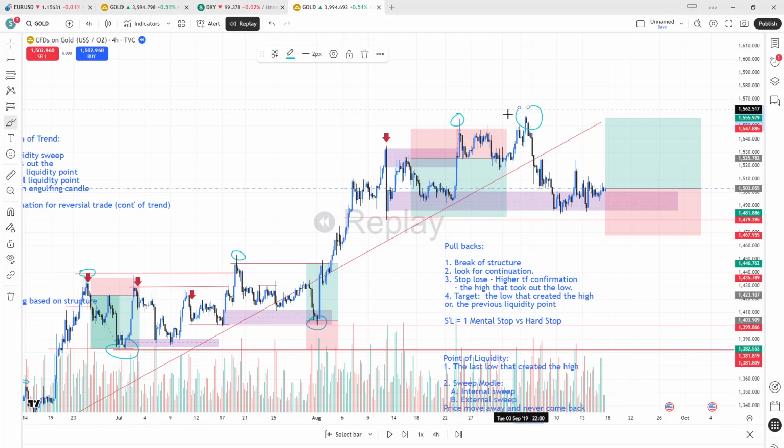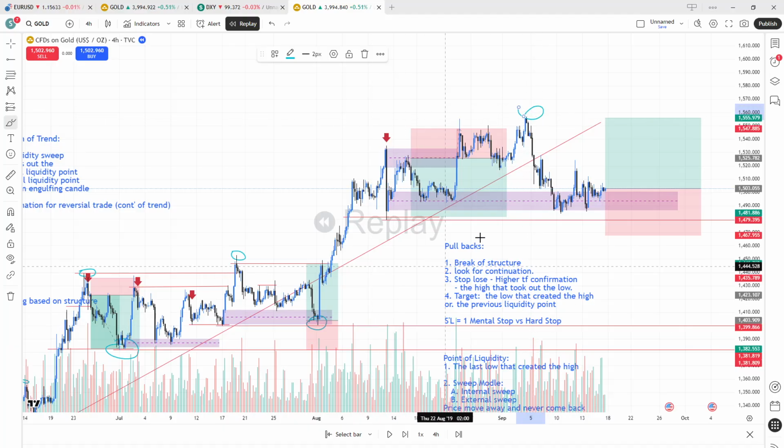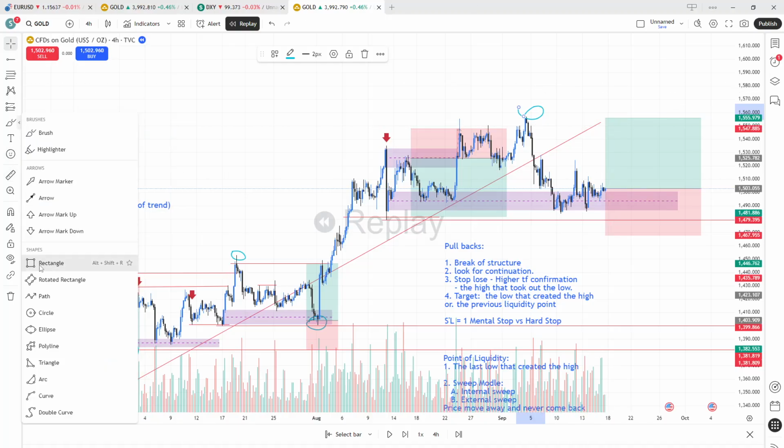So this is the high too, right? So hypothetically, if we are to get into this trade here, where are our two stops?